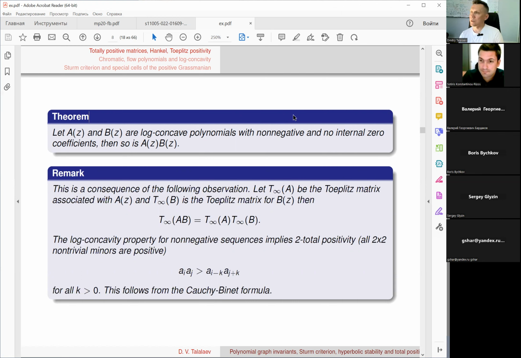It means the property of all 2 by 2 minors of the matrix being positive. But the Cauchy-Binet formula is valid just for partial minors, for the 2 by 2 minors of the product of these matrices. So this passage to Toeplitz matrices is a very useful algebraic tool.